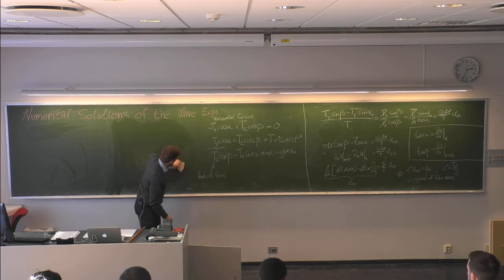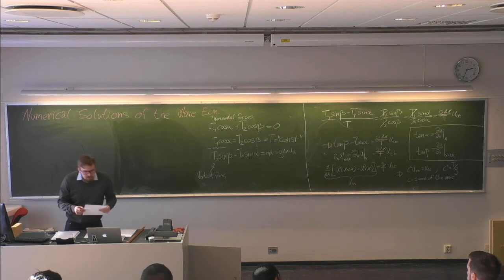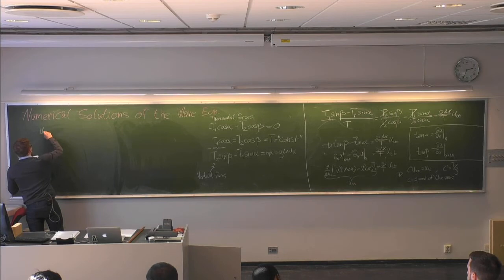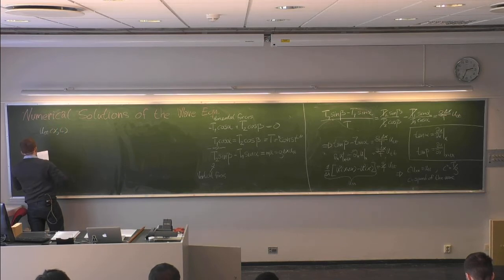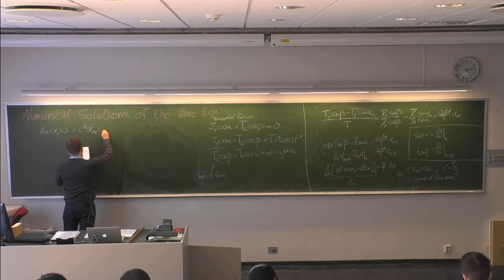Since this is numerics, we will look at the discrete version of this equation, or the differential form. So again, we will have u_tt at some position x at time t equals c squared u_xx at position x and time t.